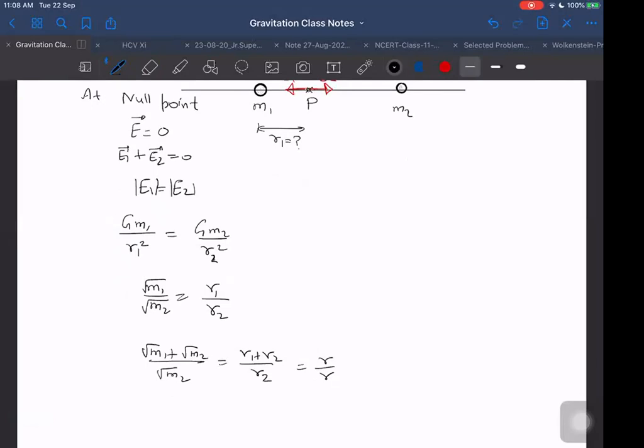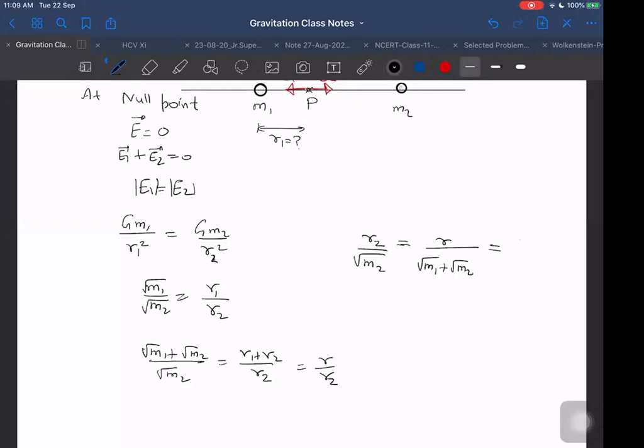Now we can write it down that R2 is equal to, or I will write R2 root M2 is equal to R by root M1 plus root M2.